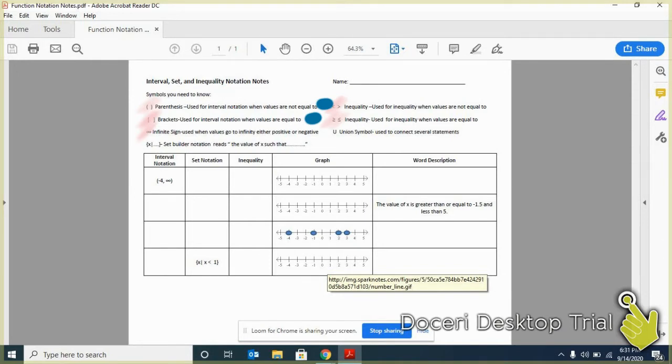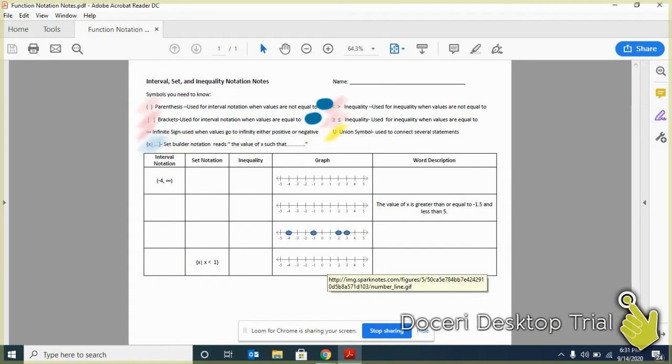The union symbol, which is this guy right here, I'm going to actually highlight him in a different color. We'll use him to connect several statements, although we're not going to really use him this time around, but just to let you know that that's what it looks like. And then the last one, which I will use more often today, is this one right here called the set builder notation.